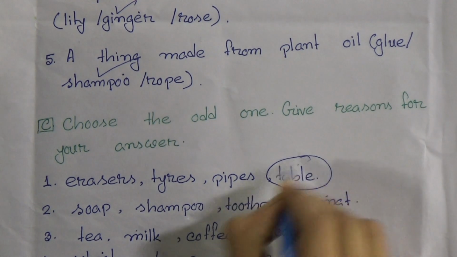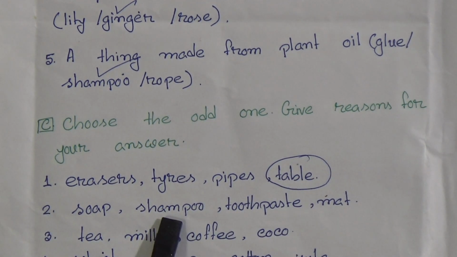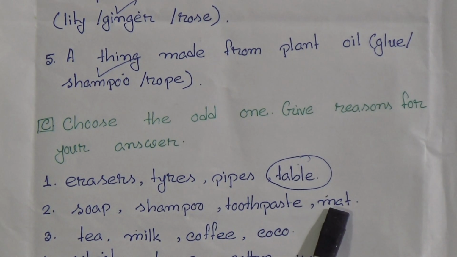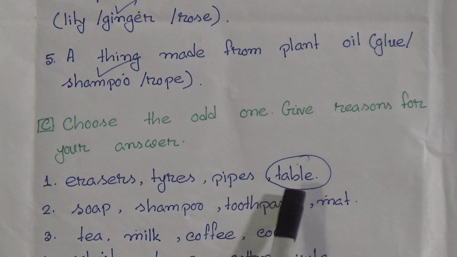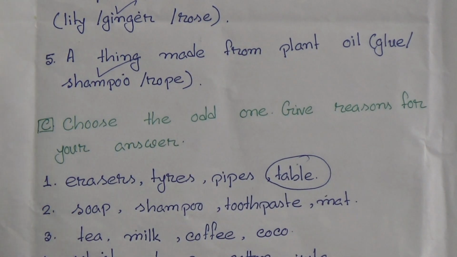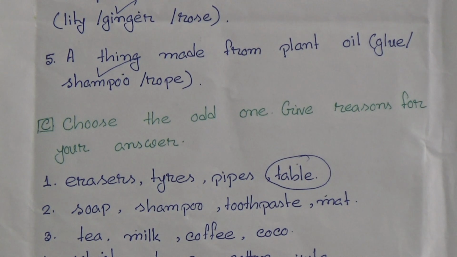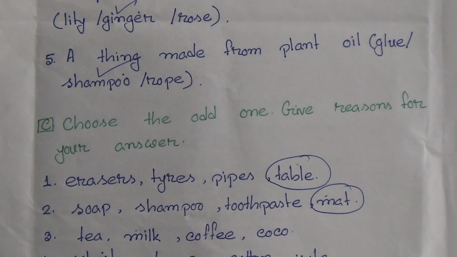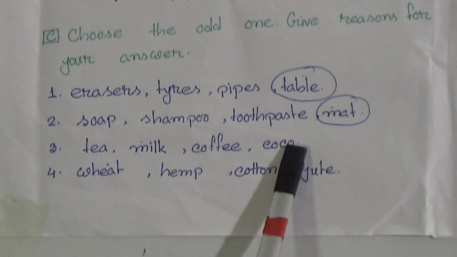So we circle table. Number 2: soap, shampoo, toothpaste and mat. Here soap, shampoo and toothpaste, all 3 things are cosmetics. We use these things as cosmetics, but mat is not a cosmetic, it is produced from fiber, so we circle mat. Number 3: tea, milk, coffee, cocoa.